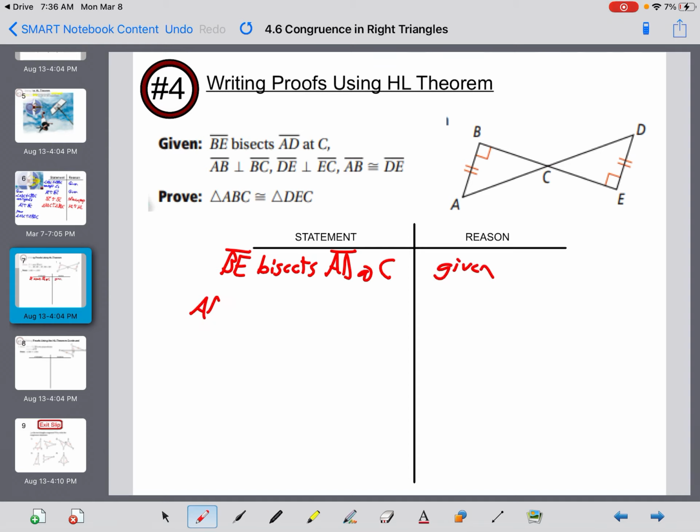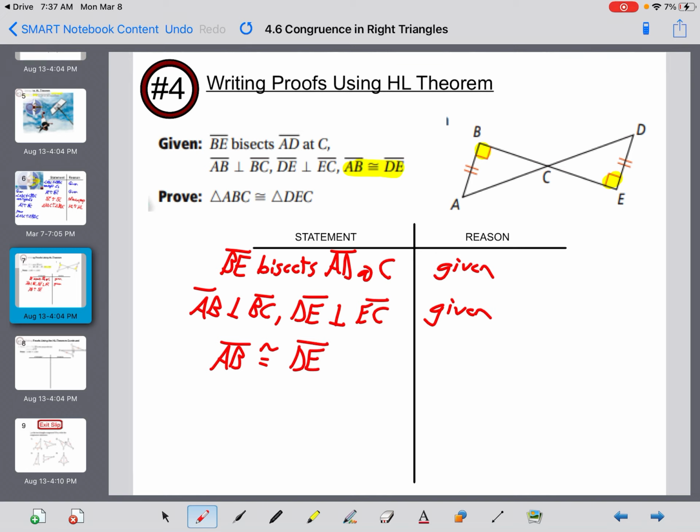Then we have AB is perpendicular to BC, and we have DE is perpendicular to EC, which are givens. Okay, since they are perpendicular, they create these right angles. Actually we have one more given and then we'll talk about it. AB is congruent to DE, which is shown with our congruency.